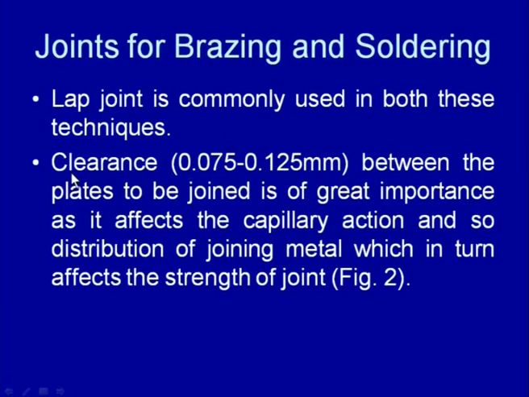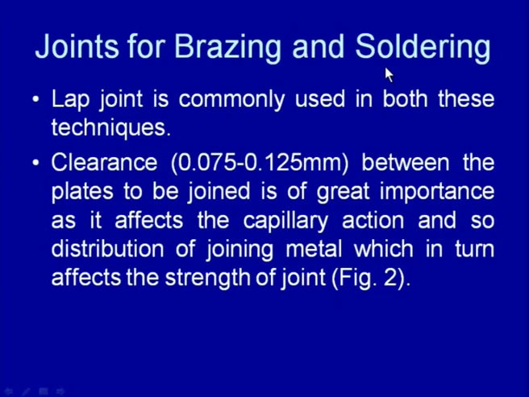The lap joint is commonly used in both these techniques, brazing and soldering, and the clearance between the components to be joined is controlled very accurately so as to get the required capillary action in order to distribute the molten filler metal between the components, because the clearance and the thickness of the film of the filler material formed between the components also affects the strength of the joint. So, the clearance plays a very important role in developing the braze or the solder joint.